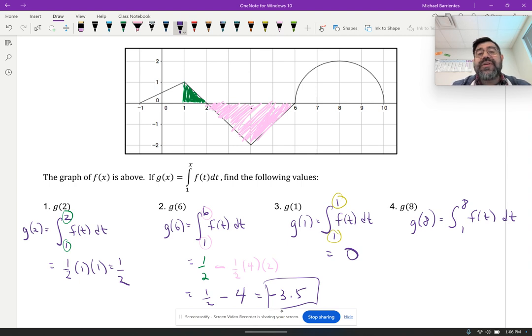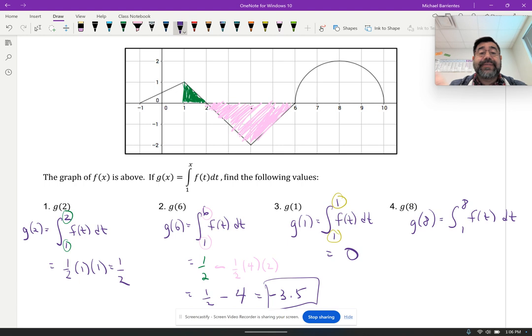So we use what's called a dummy variable, meaning that f of t could be any variable. It could be f of y, it could be f of z, it could be f of m. It's any number because the real variable of the function g is x. But because f of t and f of x use the same function f, it really doesn't matter which variable you use, right?